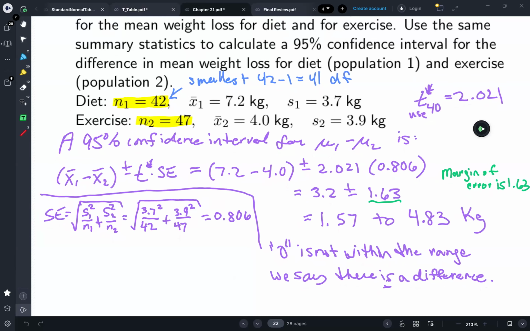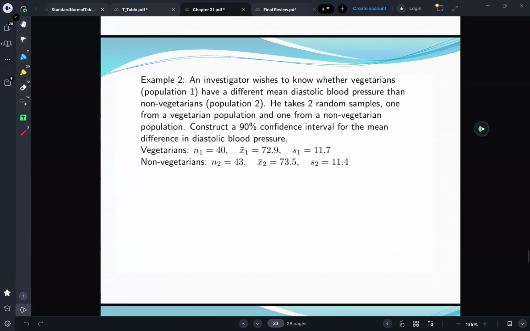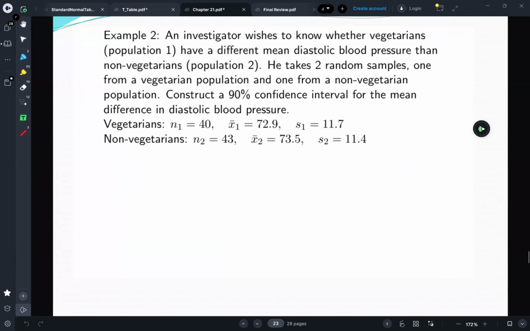Okay. Our next example is an investigator wants to know if vegetarians, so we have two populations here, vegetarians versus non-vegetarians, is there a difference in diastolic blood pressure? You know, when they pump up your arm and get those measurements for your blood pressure, is there a difference in the blood pressure between vegetarians and non-vegetarians?